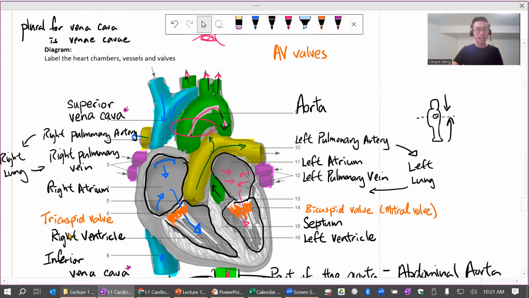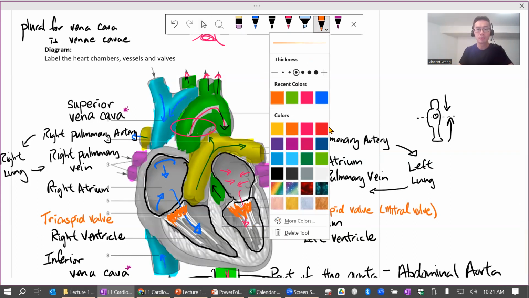The tricuspid valve prevents the blood from going back to the right atrium, whereas the bicuspid valve prevents the blood from going back to the left atrium. More on that later. In a way, they're like one-way streets. Exactly, definitely one-way streets.